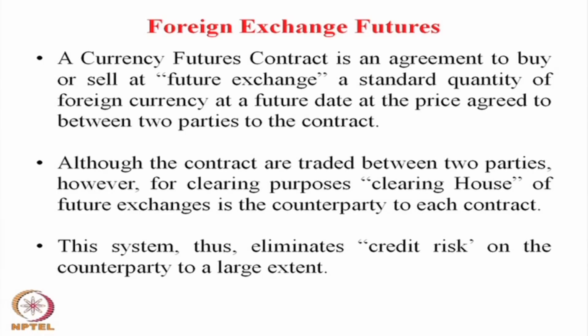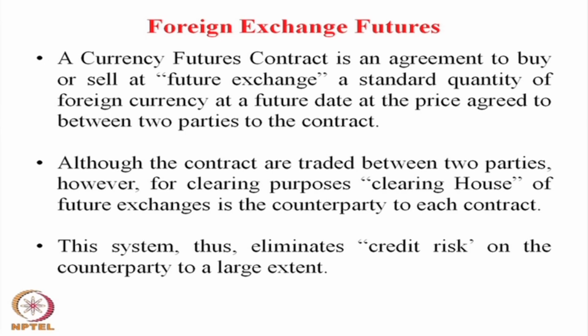This system eliminates what is called credit risk on the counterparty to a large extent. In a forward contract, the authorized dealer provides you the contract, and it may happen that the authorized dealer does not adhere to the contract. In that event, the customer has no choice other than going to court, and the settlement is a time-consuming process.